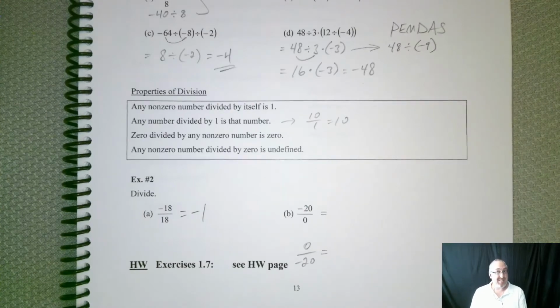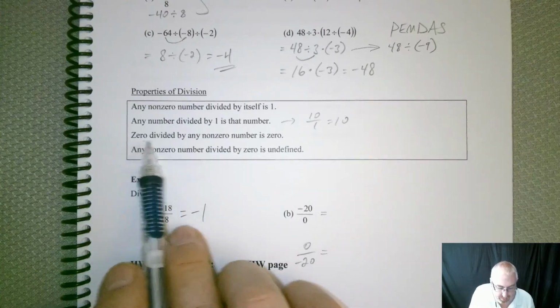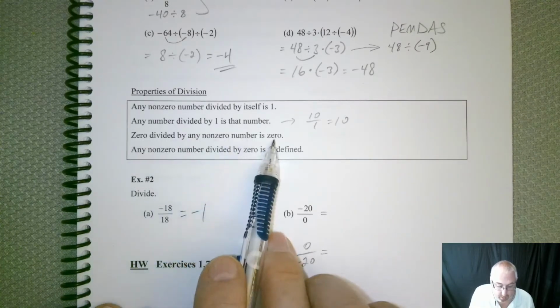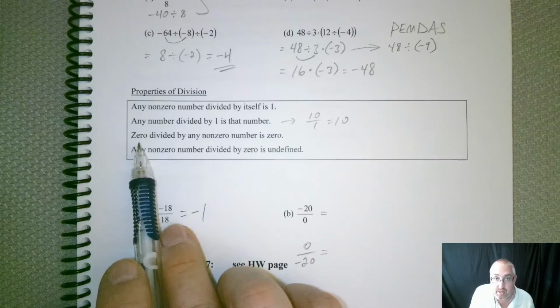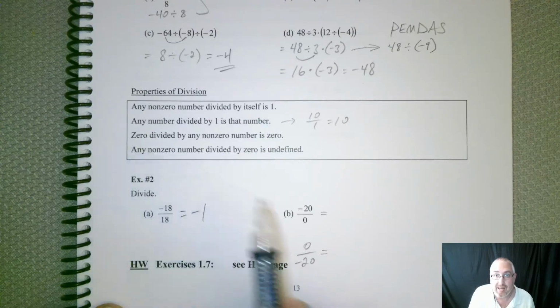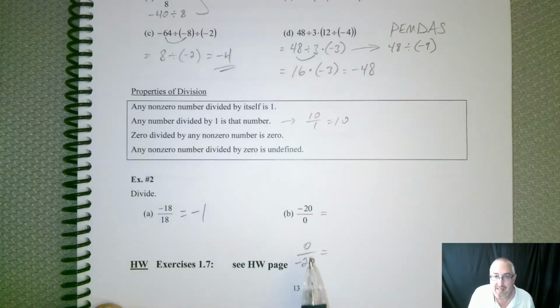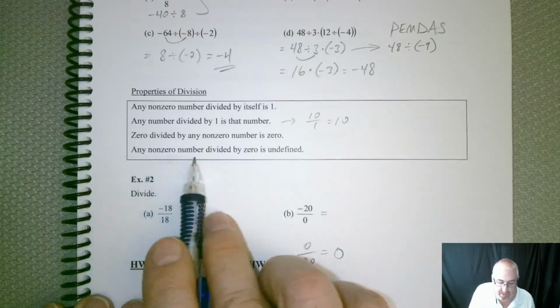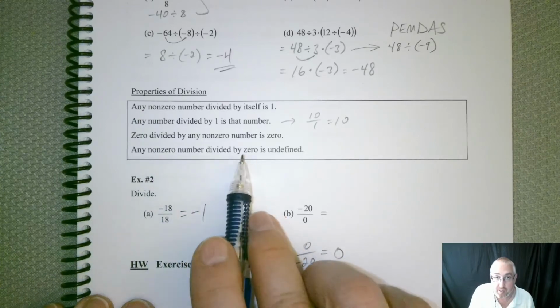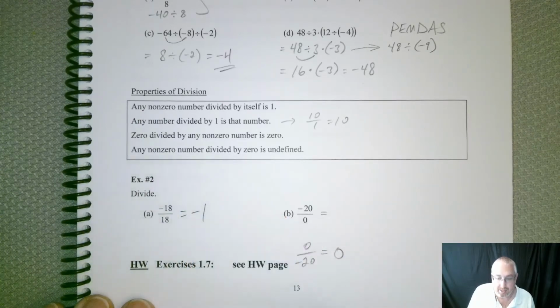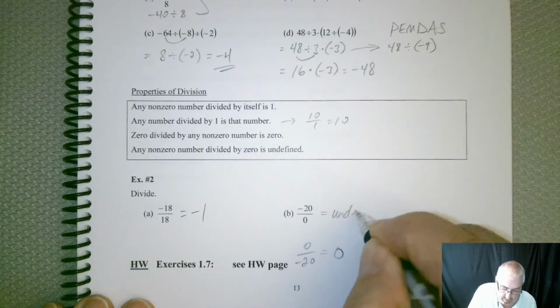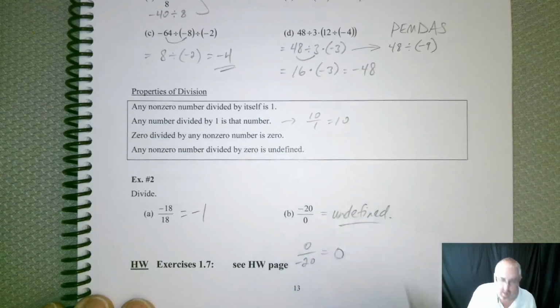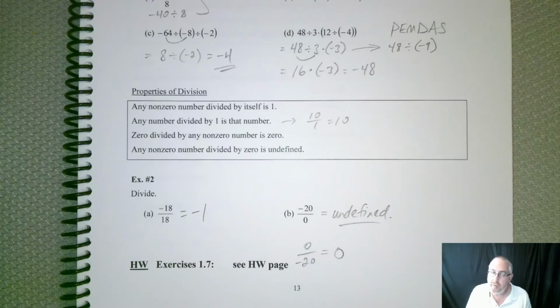Which one's which? Well, let's read it again. 0 divided by any non-zero number is 0. 0 is first, which means 0 is on top, so this one has to be equal to 0. But any non-zero number divided by 0, which means it's on the bottom, is undefined. So this one's undefined. We can't have 0 on the bottom. That's really the big thing. 0 on the top is okay. 0 on the bottom is a no-no.